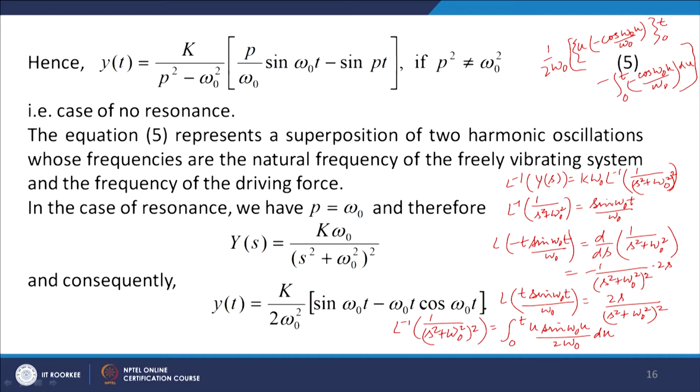When we put t here, we get 1 over 2 omega naught times minus t cos omega naught t divided by omega naught. When we put 0, it becomes 0.